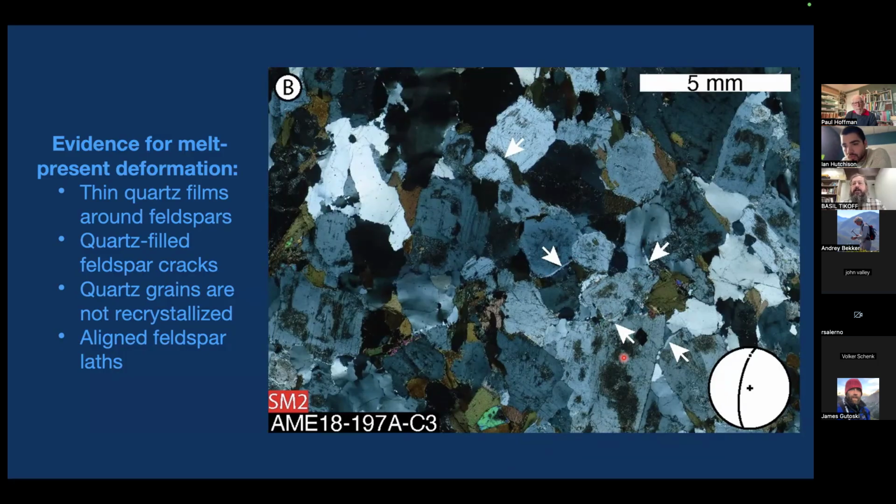So that means that there is melt present and there's enough stress on the rock that you're actually cracking open fractures, and yet you fill them by magma. So that's arguing that the magmatism and the deformation are happening at the same time. The quartz grains are not recrystallized, and the feldspars tend to be aligned as laths. So this is pretty hot deformation.